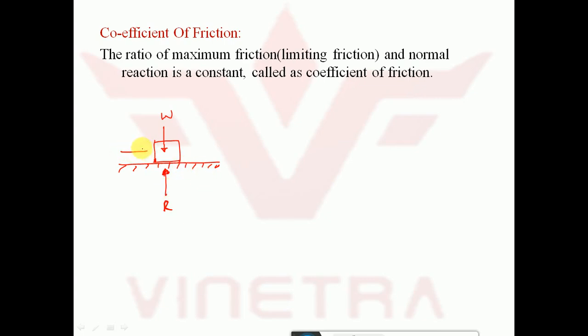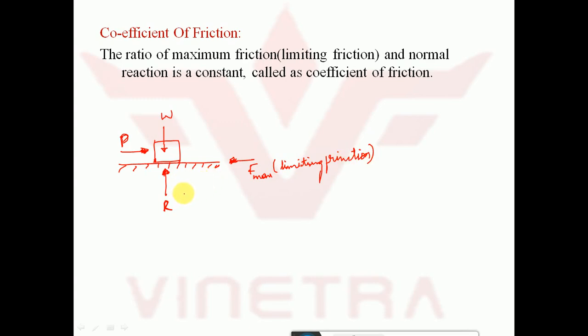If I apply a force P here, there is a development of a frictional force. If this frictional force reaches the maximum, that itself is the limiting friction, the maximum force or limiting friction.